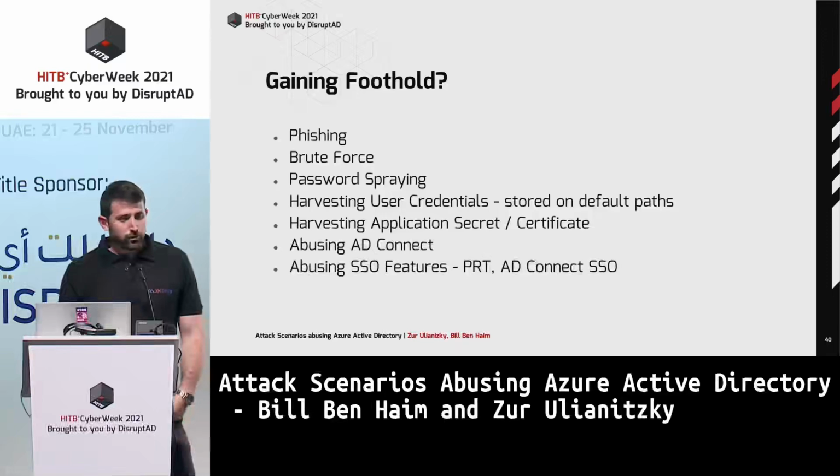In addition, if we have compromised a specific machine in the on-prem environment, we can try to look in default paths or the certificate store for credentials related to users or different applications. In addition, we can abuse AD Connect, and we will see a demo about it in a minute. And we can abuse different SSO features, such as PRT tokens or AD Connect seamless single sign-on.